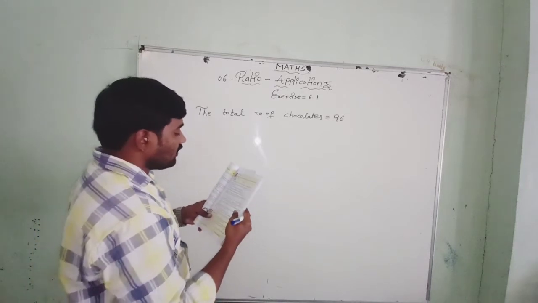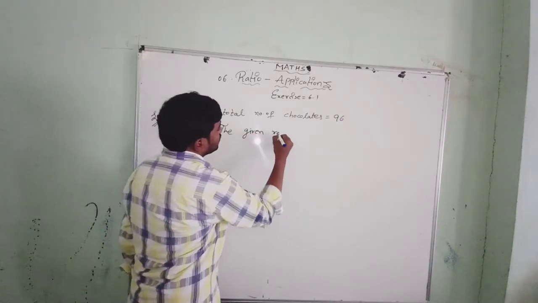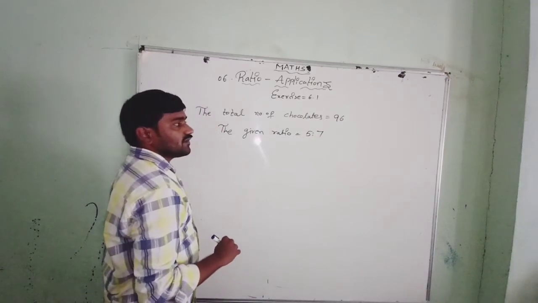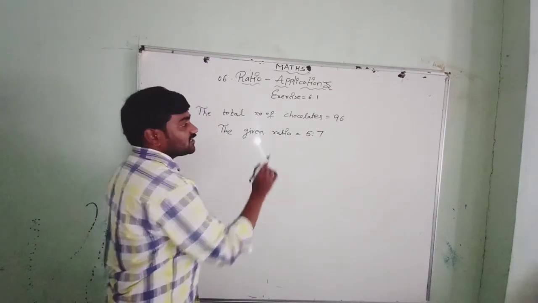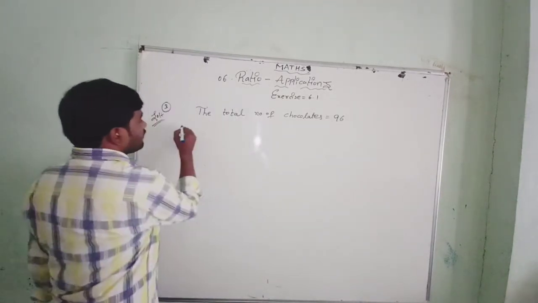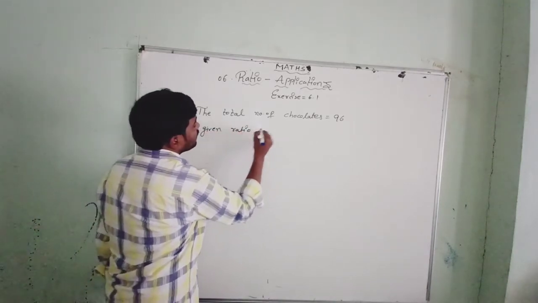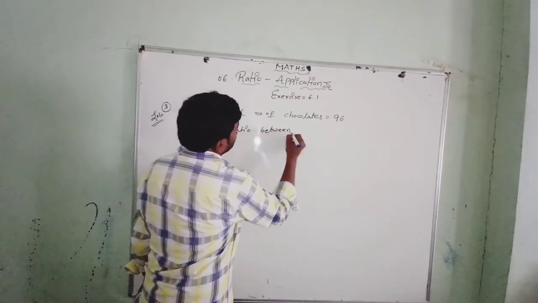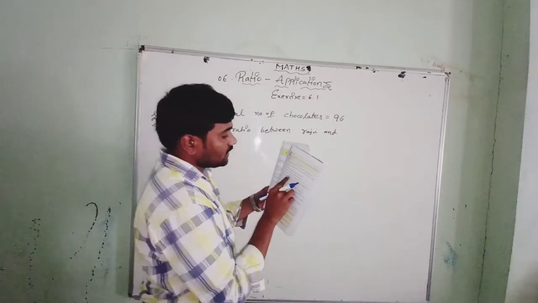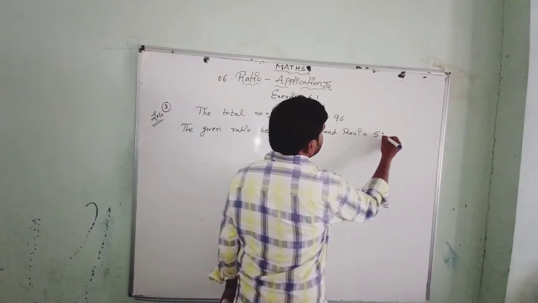Then the given ratio between Raju and Ravi is equal to 5 is to 7.